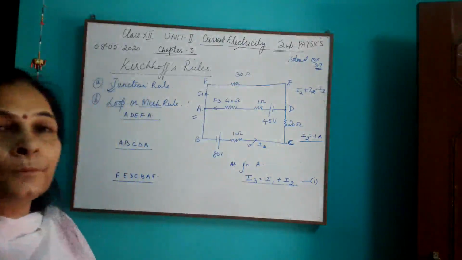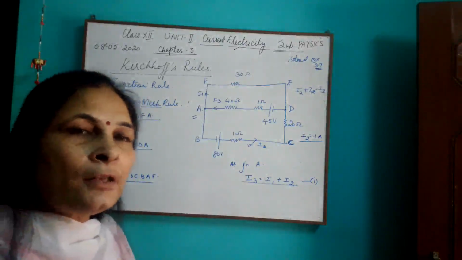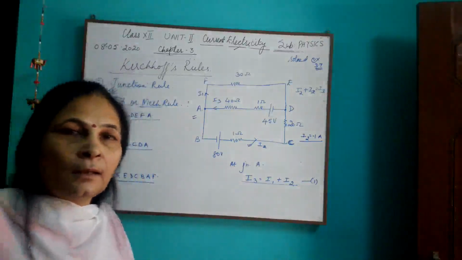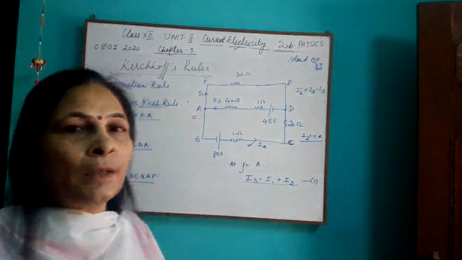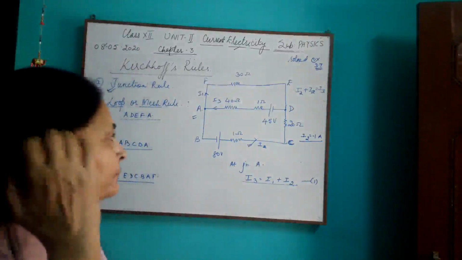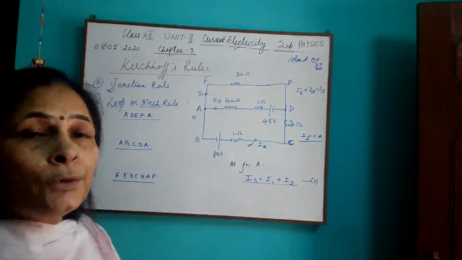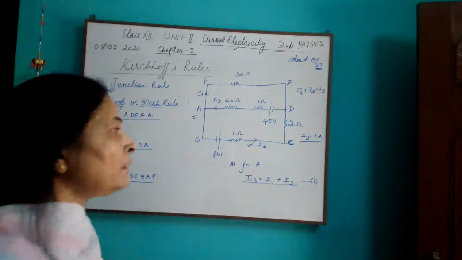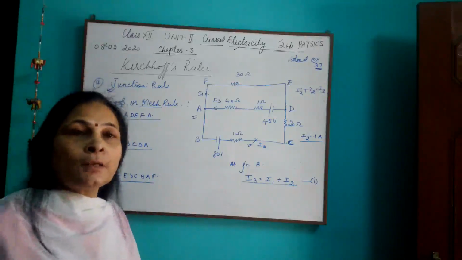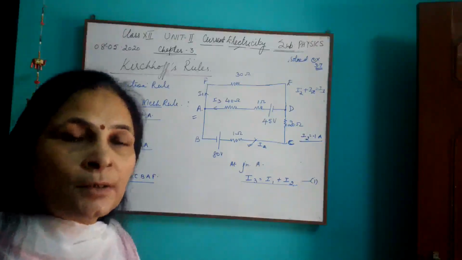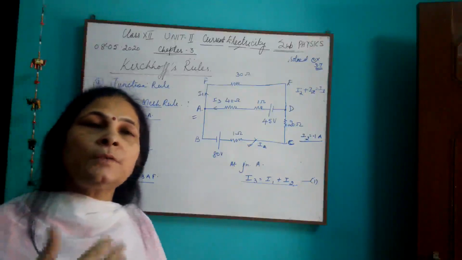Now how? I'll tell you one answer. There are various methods by which you can write the equation correctly. You can opt for any one method. But now I'll explain one of the methods, how to do it so that you don't make mistakes in making the equation. The main thing we are talking about in physics is how to apply these rules to make equations, and then the equations will certainly be solved.